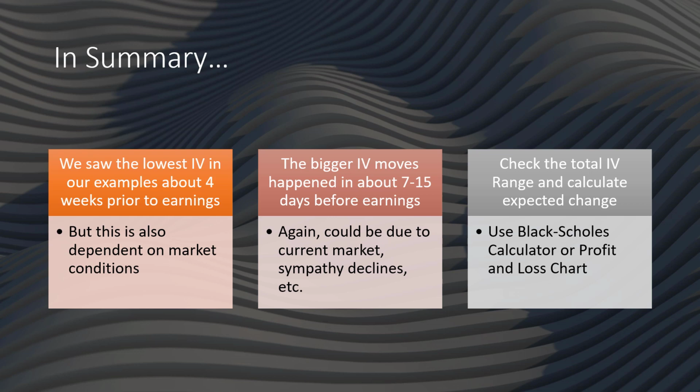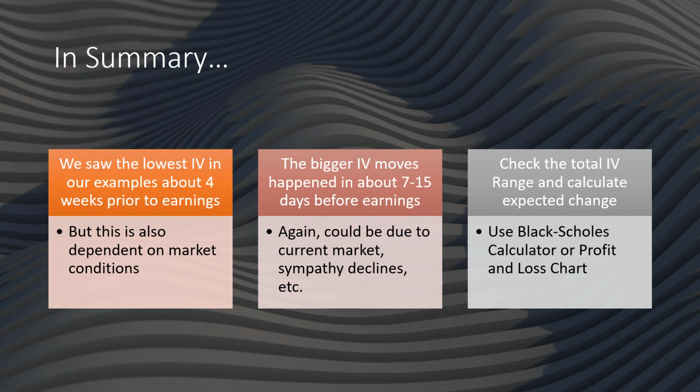But as we saw with RL and ANF, this could be due to the current market, sympathy declines for other stocks in its sector, missing earnings completely and causing an increase in volatility, but we would still expect to see some IV increase 5 to 7 to 10 days leading up to the earnings, not 1 or 2 days to try to do an IV play.